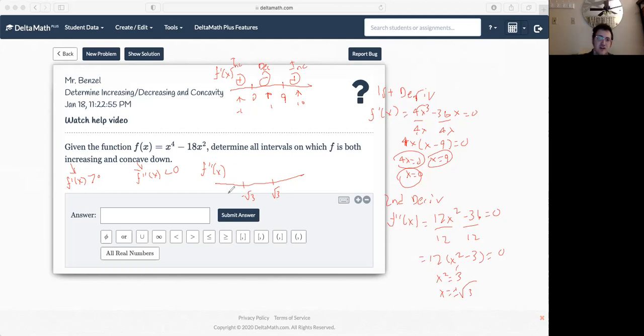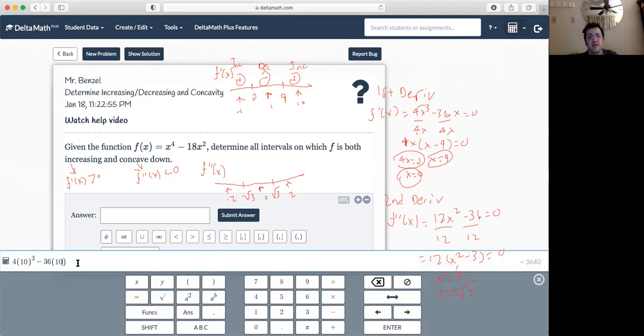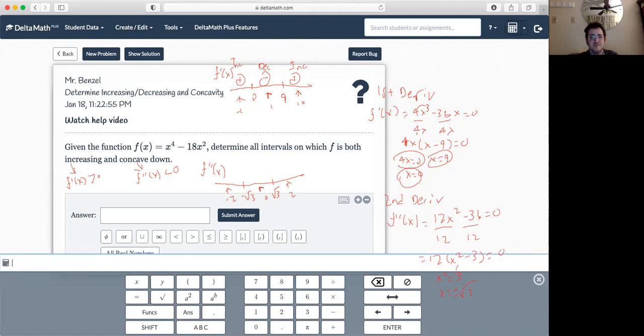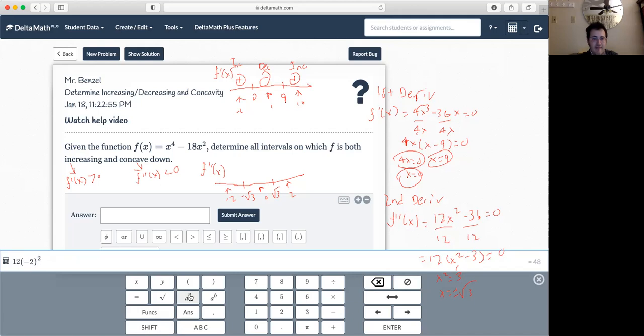So maybe I'll try -2, 0, and 2 in my second derivative equation. So I get a positive number for that. So that means concave up.